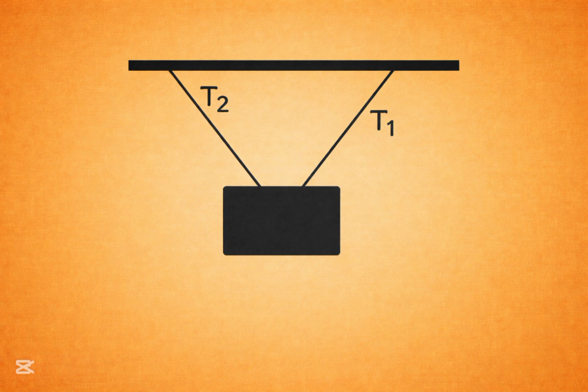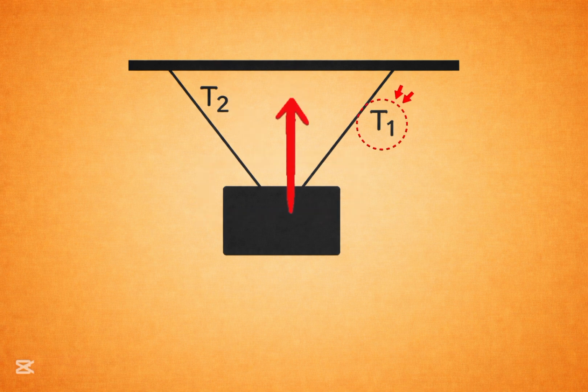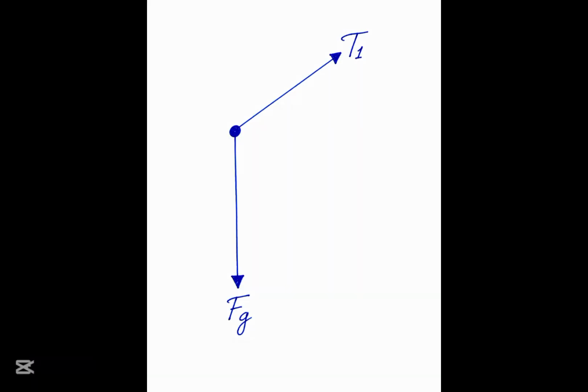So the tension force, let's talk about T1. T1 is on top of the object, and even T2 is on top of the object, meaning it's going up. Can you see now it's no longer straight, it is a little bit skewed, or tilted? Yes, we can say it's tilted to the right. So you show it the way it is.